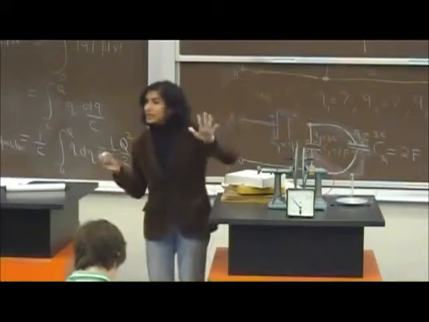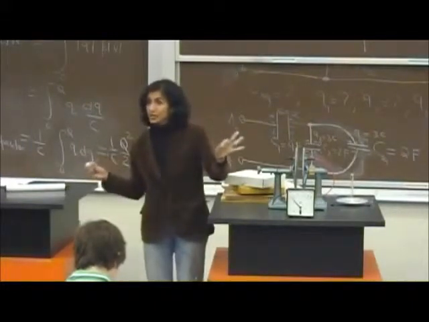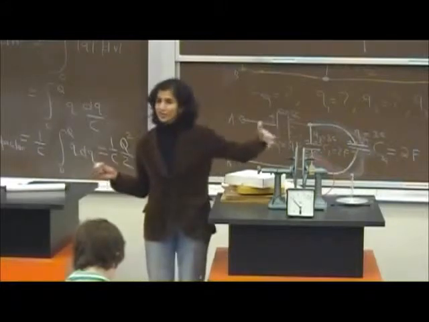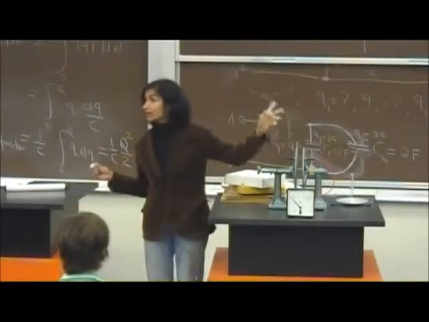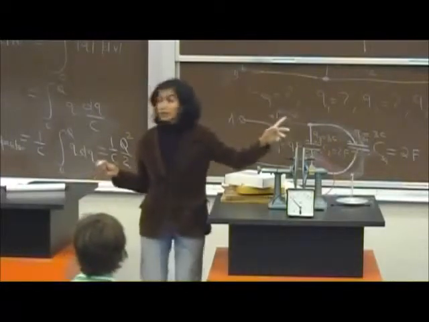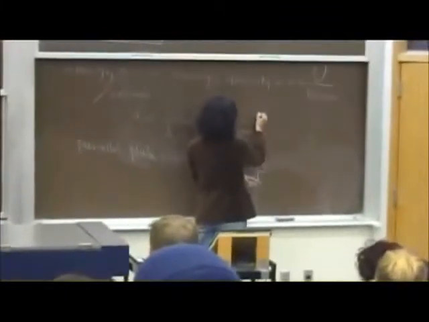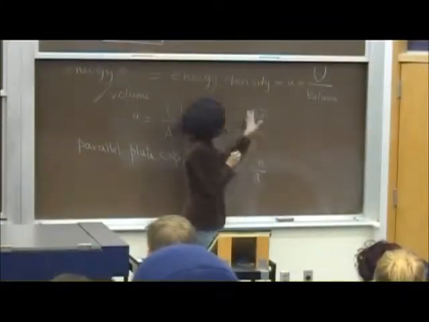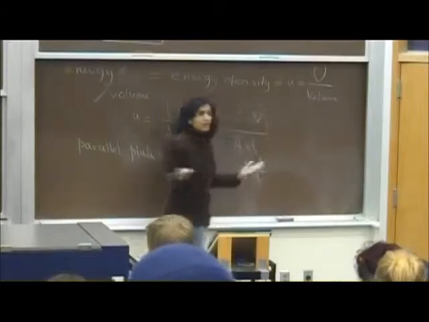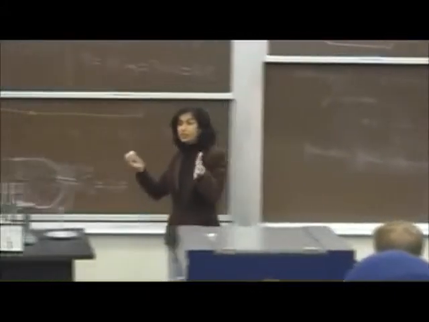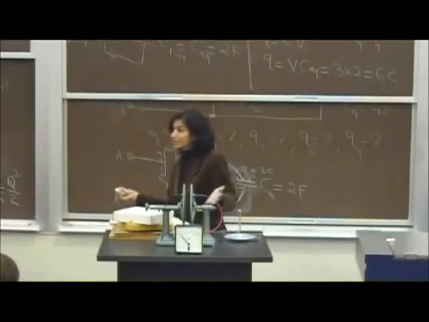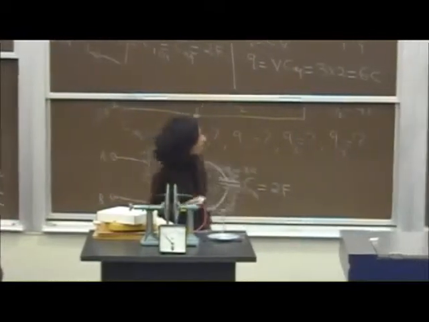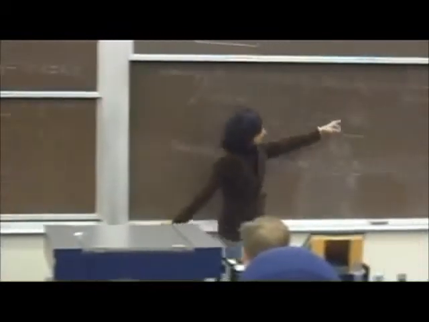So that V is already the potential difference or voltage between the two plates of a capacitor. I'm not going to keep calling it delta V, but it really is delta V. Every time this V is there, it is really delta V, the potential difference. But we are not going to keep using that symbol. It's just cumbersome. Voltage is potential difference, right? If you want to call it delta V, that's fine.